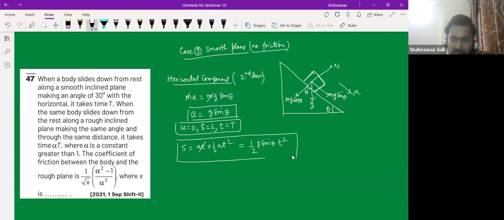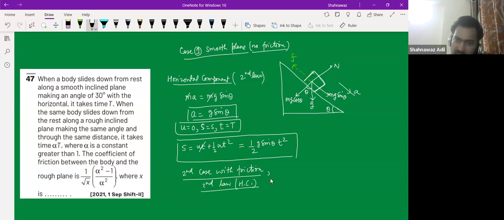This is case first. In the second case, I am writing in the same diagram. In the second case, we have this friction, right? So again, second case, with the friction. If we write the second law in the horizontal component, then what do we have?